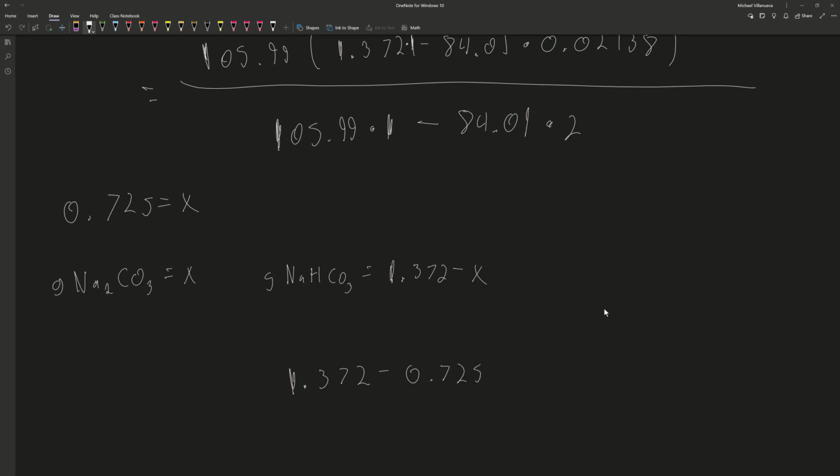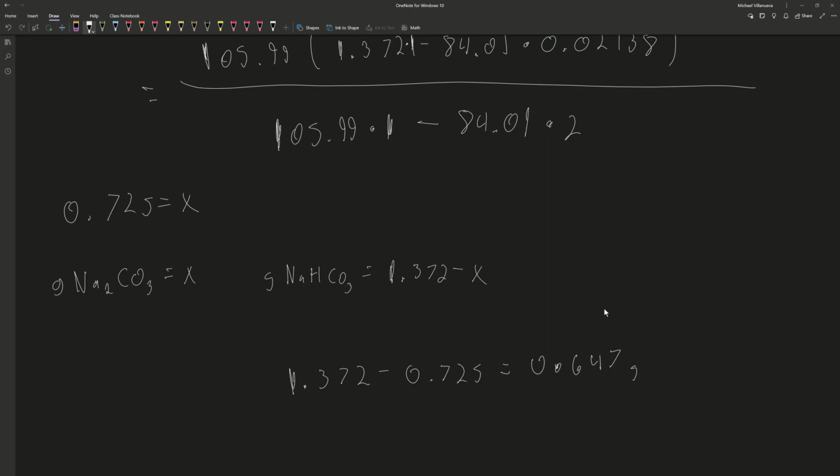I actually don't have this calculated out, so let me punch this into my calculator really quickly. 1.372 minus 0.725 gives us 0.647.